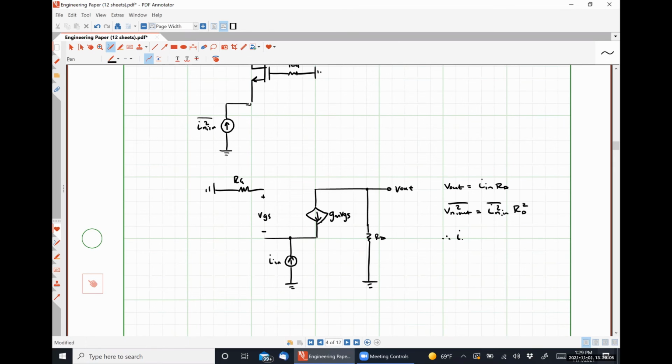And therefore, In in squared is equal to Vn out divided by RD squared. We actually already solved for that way at the beginning. That was just our total current, all added together. So our input referred noise current is just what we found IN total to be earlier for this particular problem. Anybody have any questions, comments, or concerns regarding that?